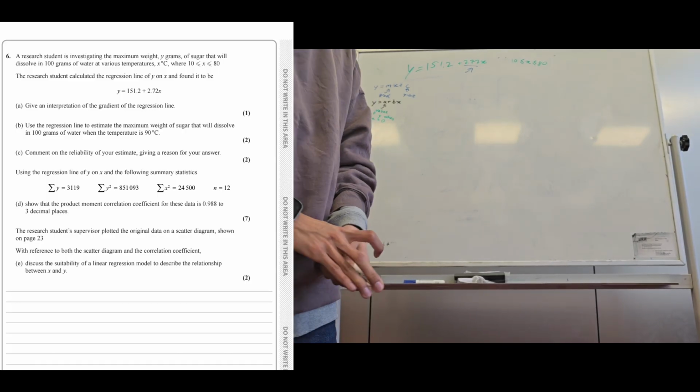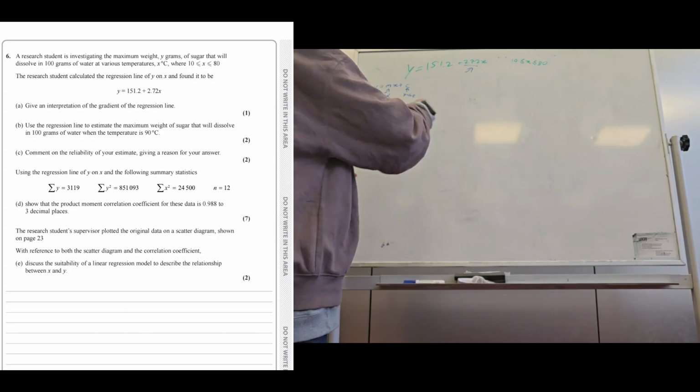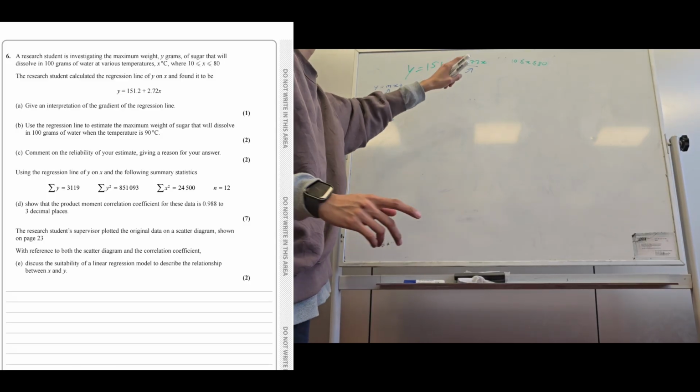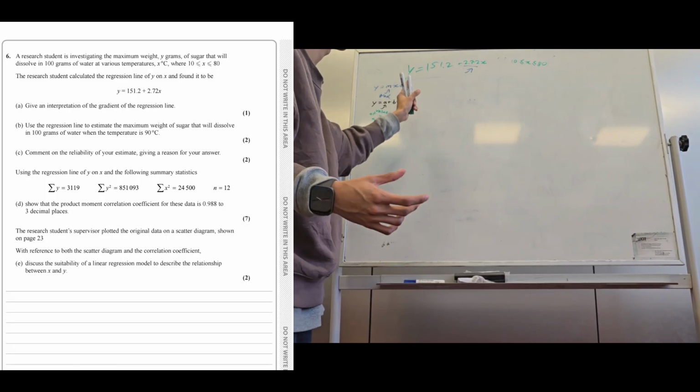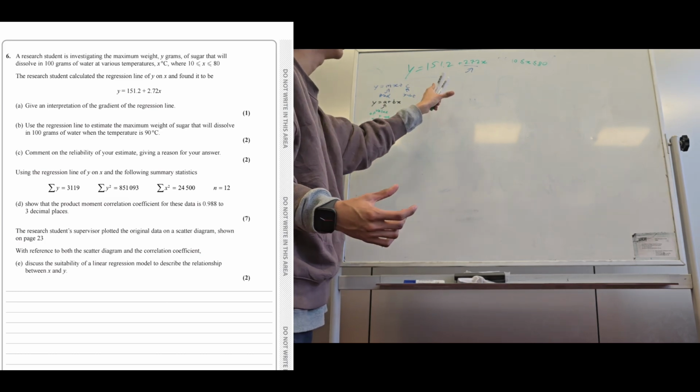So at 0 degrees Celsius, 151.2 grams will dissolve. You can't just write that it is the value of y when x equals 0, because y and x are arbitrary letters that we just give names to.